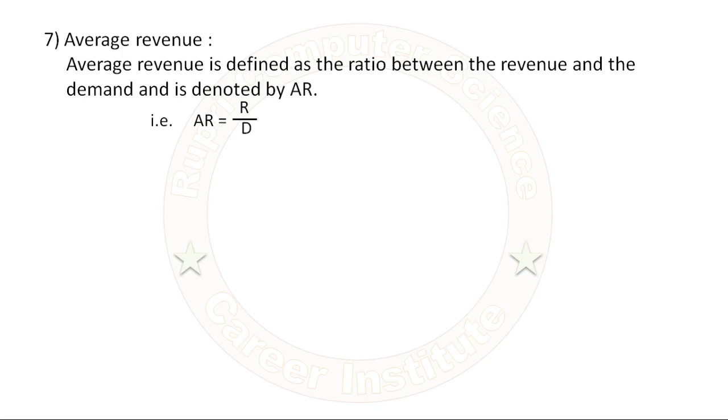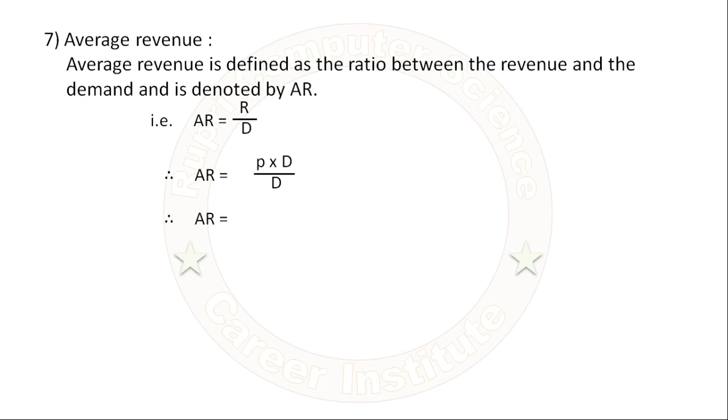Now AR is what? Revenue function, and the revenue function's formula is what? P into D. Now I put it, R value is P into D. Therefore, AR is equal to P into D divided by D. Now D cancels out.